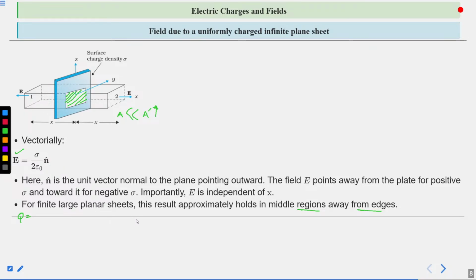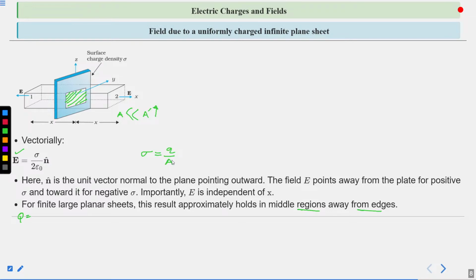So we know surface charge density, sigma, is equal to charge upon area. Clear? If the area increases, what will be the effect on sigma? I repeat, sigma is equal to charge upon area.